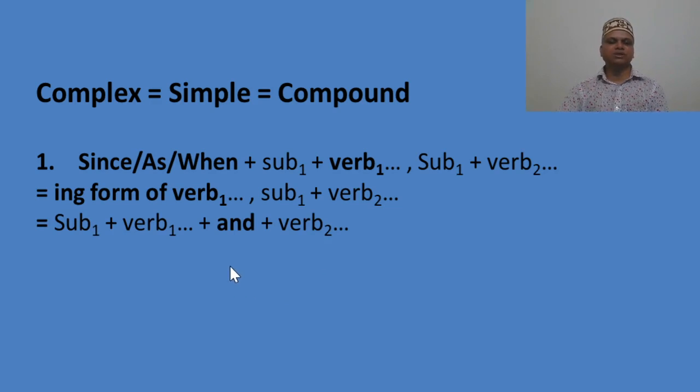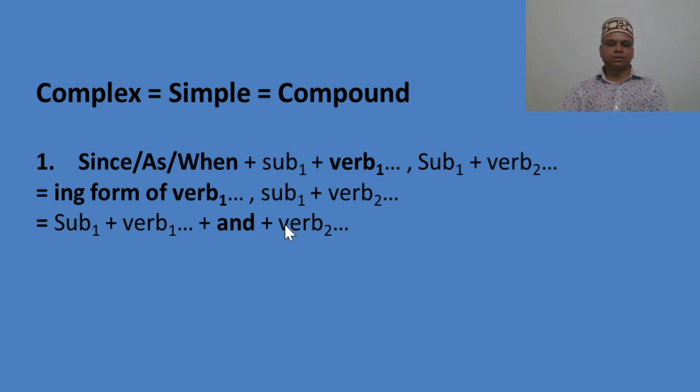Now compound sentence. We have to omit since, as, when, and instead of the comma we have to use and, a coordinating conjunction, to make it a compound sentence. So look at the structure: subject 1, verb 1 and rest of the sentence, and verb 2 and rest of the sentence.